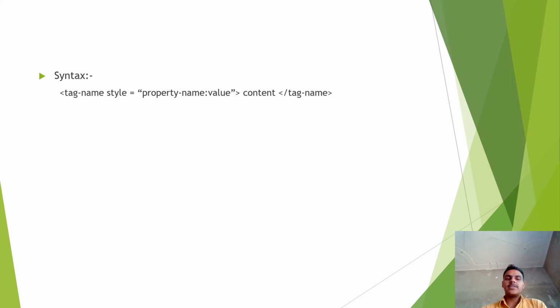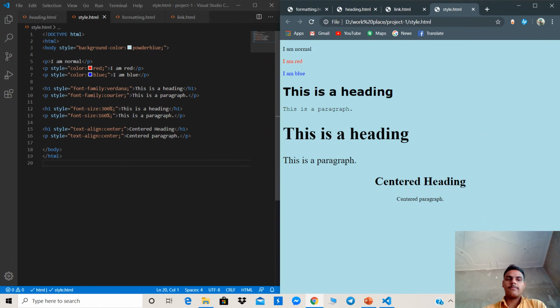The syntax for the style for inline text is as follows. As you can see, we have used some of the styles to make you understand how the style works. Style tag.